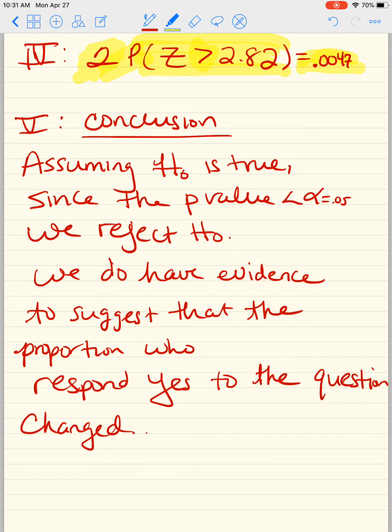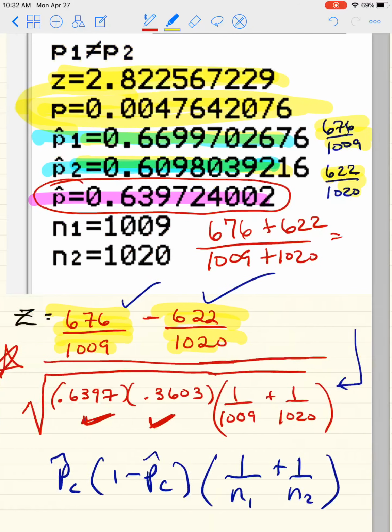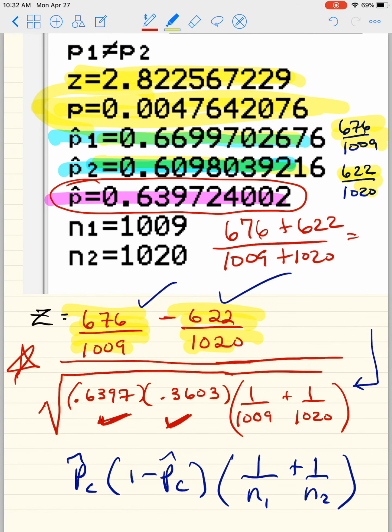Assuming H0 is true, since the p-value is less than 0.05, we reject H0. We do have sufficient evidence to suggest that the proportion who responded yes to the question changed. So that's how we do this problem. Take your time and just know that you have to change the denominator in a two-sample z proportion.